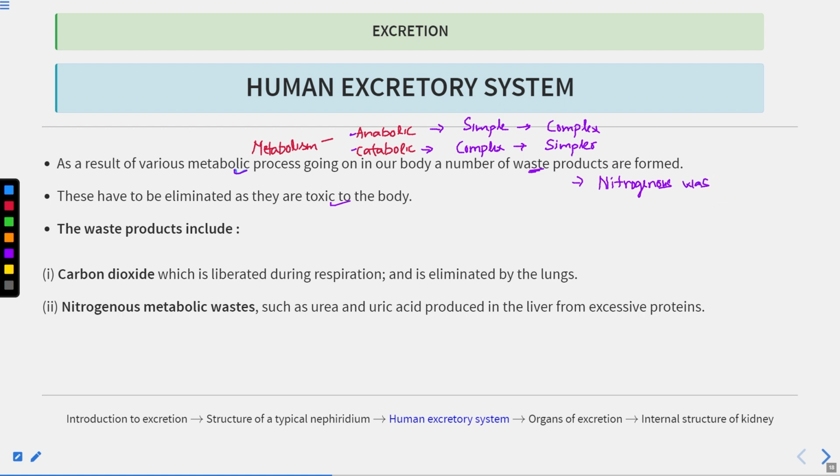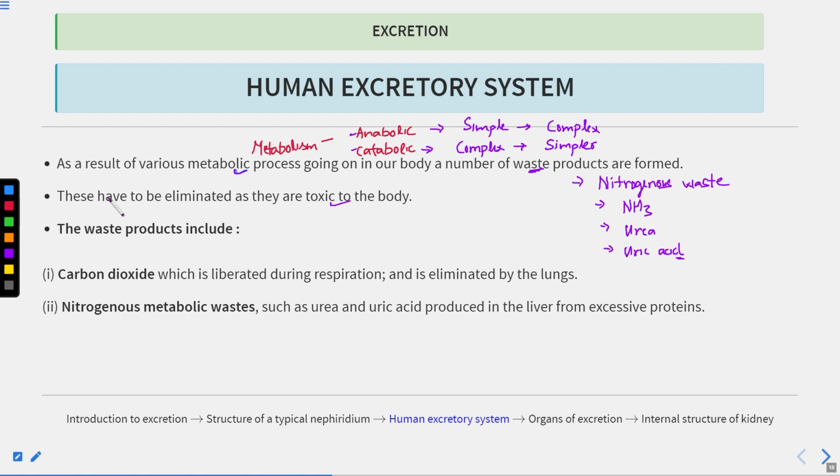One type is the nitrogenous waste. What are the nitrogenous wastes? The first one is ammonia, NH3. Then we have urea, and the third one is uric acid. Some other waste products are carbon dioxide, and excess water also has to be eliminated out of the body.